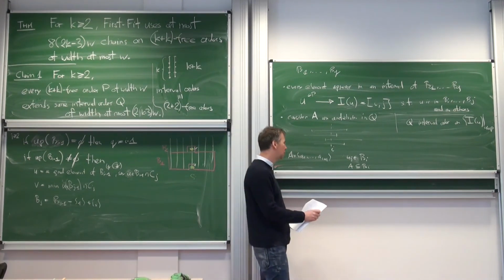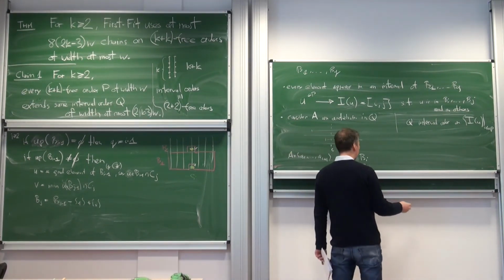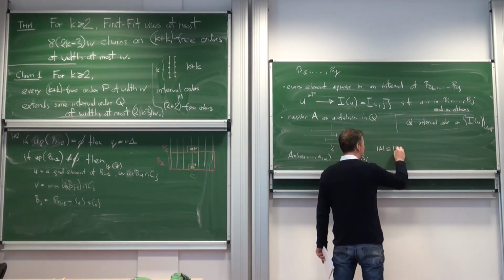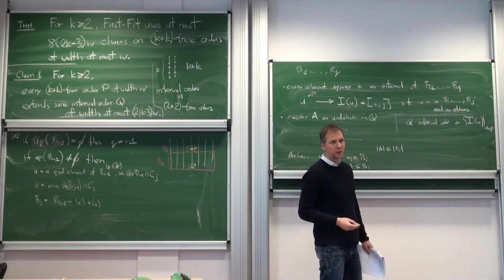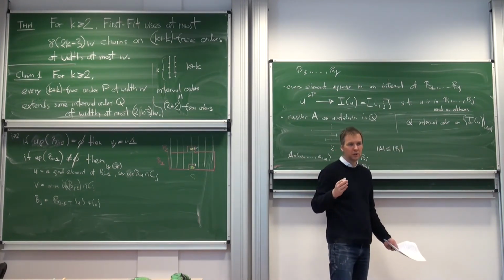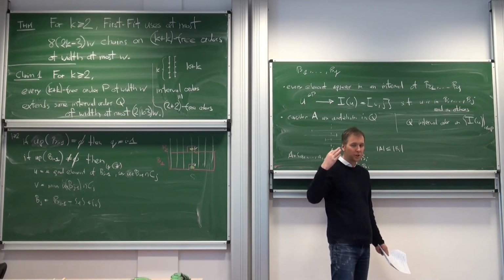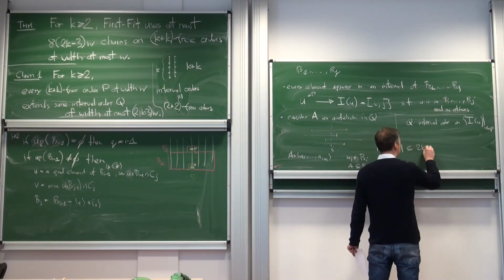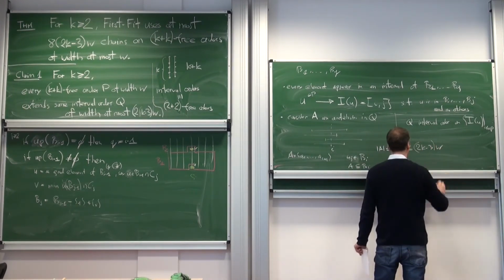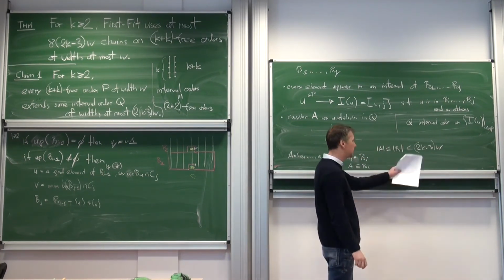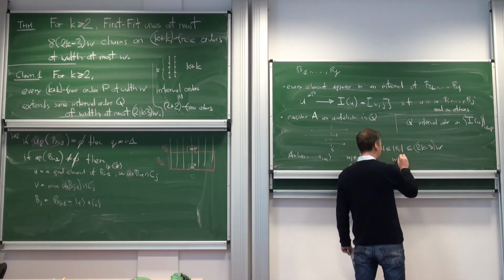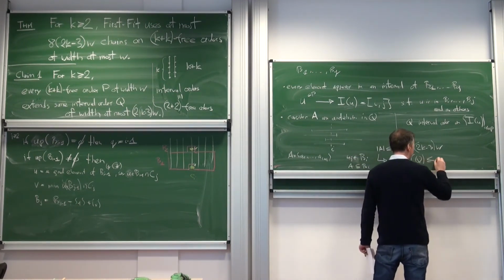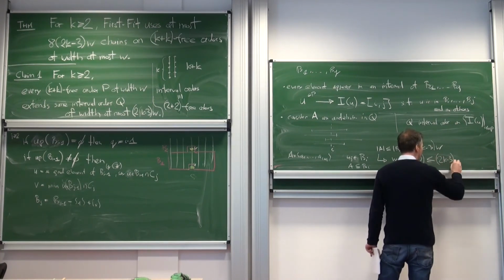I hope it's fine. But this simply means that the size of A is at most the size of Bi, and the size of the block is very clear, right? It's at most the width, so W chains, and in each chain we have at most 2k minus 3 elements. So it's 2k minus 3 times W. So this bounds the width. So the width of Q is indeed at most 2k minus 3 times W.